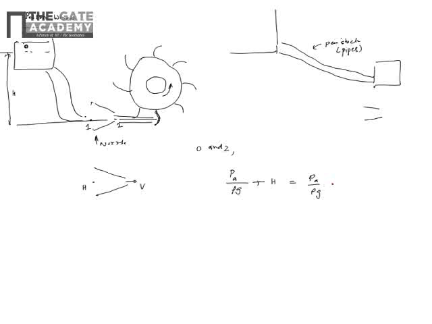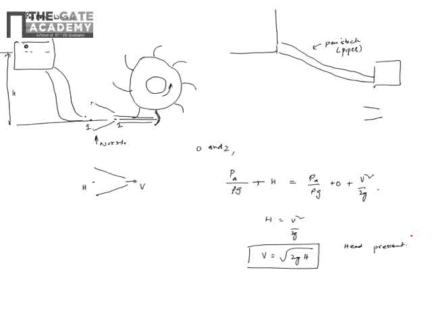Any stream which is open to the atmosphere is at atmospheric pressure. Height is 0, and the velocity head is v square by 2g. So your pressures get cancelled. The velocity coming out of the nozzle, which is the velocity of the fluid striking the bucket, is root 2gh, where h is the head available.